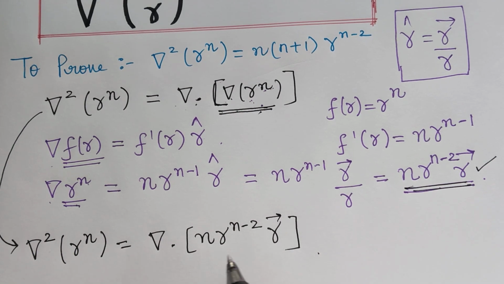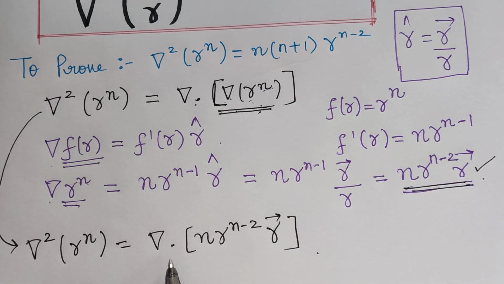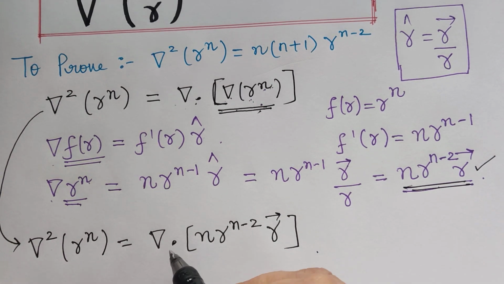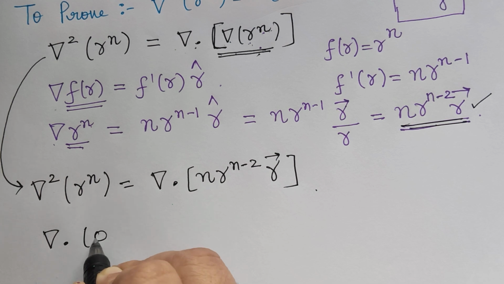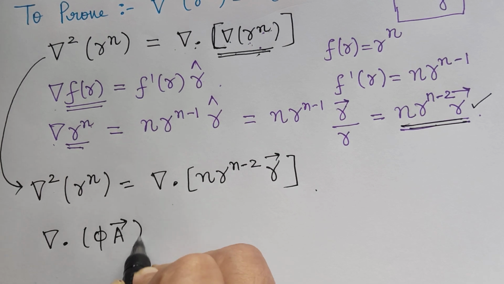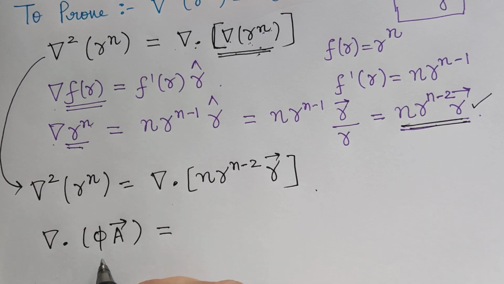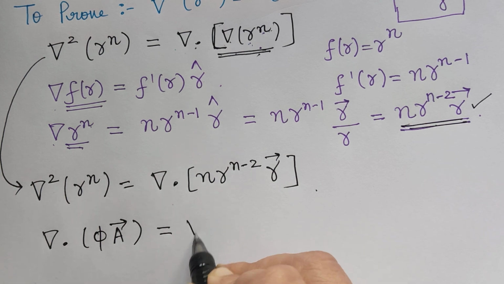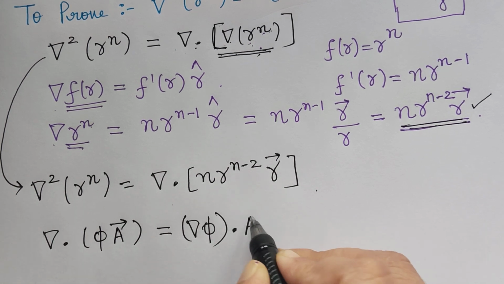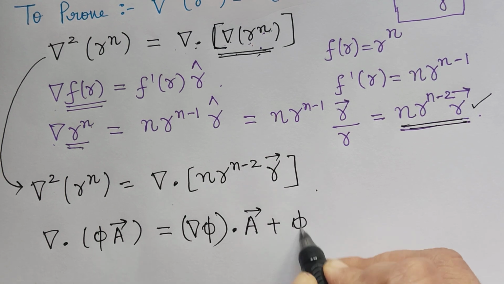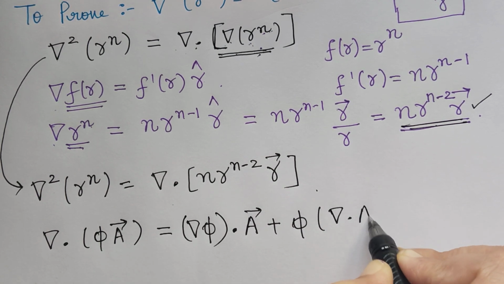Now here we are going to make use of another formula from vector differentiation. What is nabla dot product with phi a vector? We have already learned this. This is nabla phi dot product with a vector plus phi multiplied with nabla dot a vector.